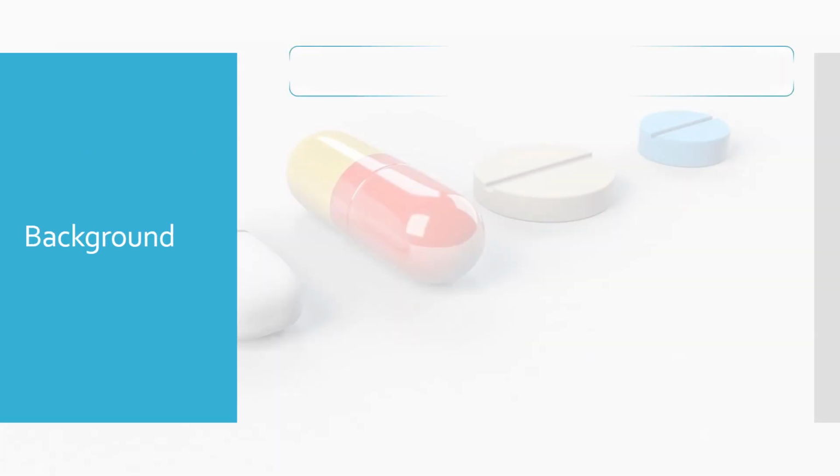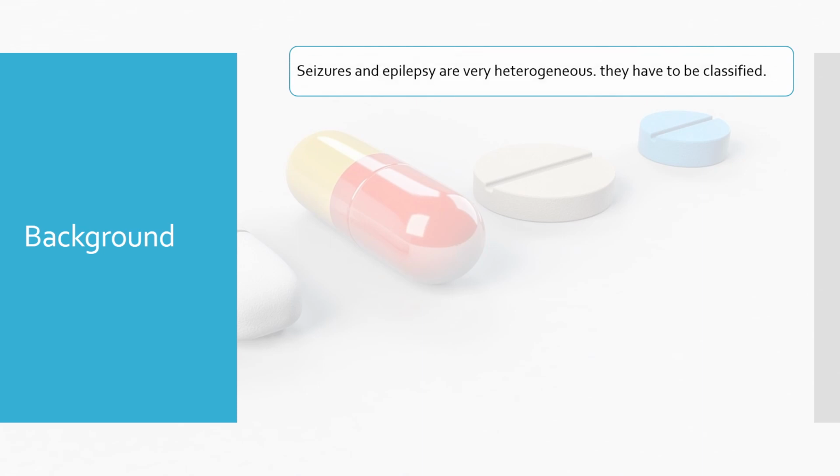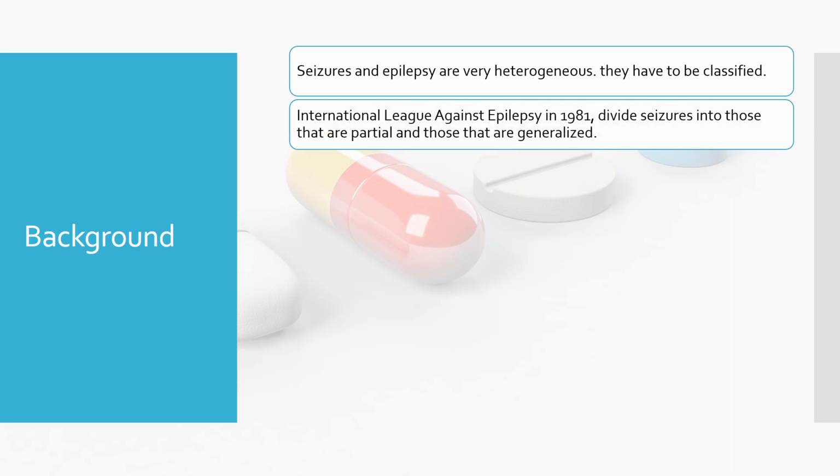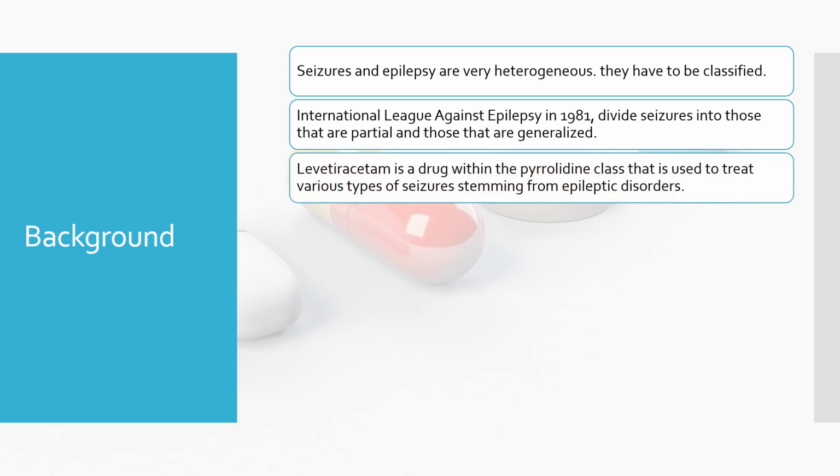So, for some background on this medication, seizures and epilepsy are very heterogeneous, so they have to be classified because of that. The International League Against Epilepsy in 1981 divides seizures into those that are partial and those that are generalized. Levetiracetam is a drug within the pyrrolidine class that is used to treat various types of seizures stemming from epileptic disorders.